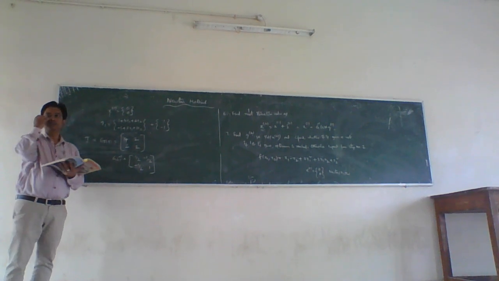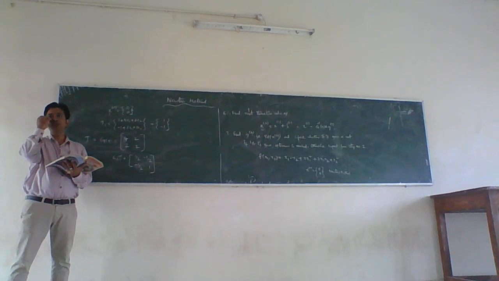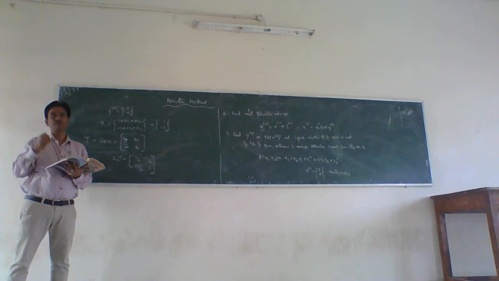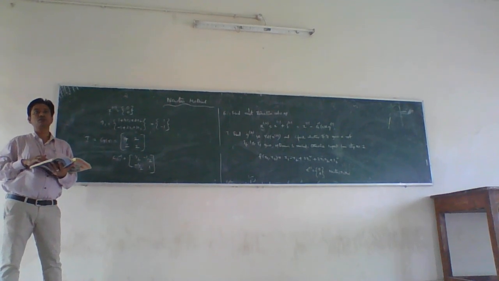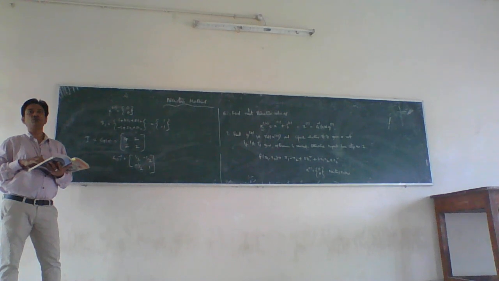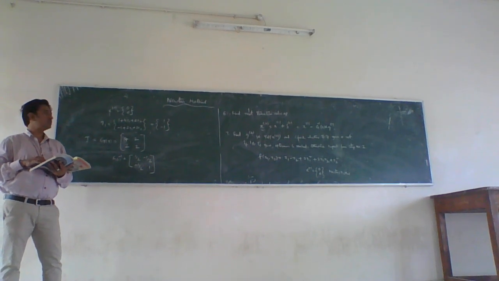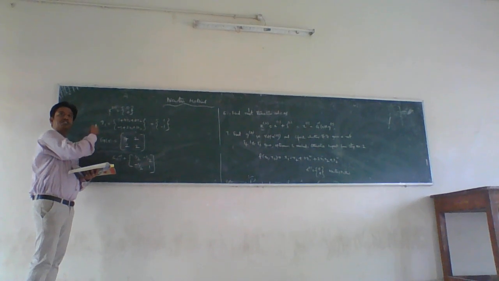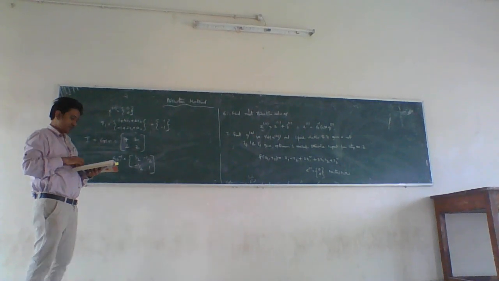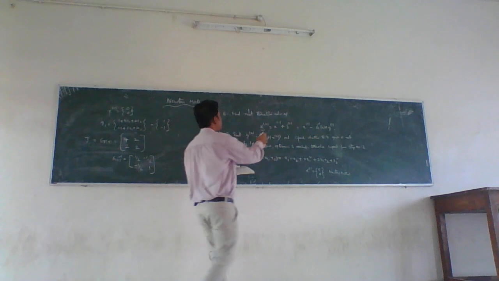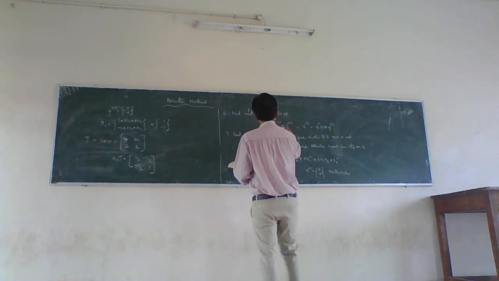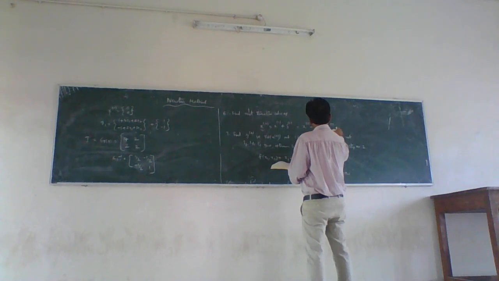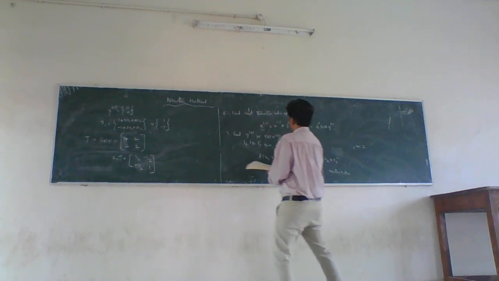The inverse of this matrix is 1 by AD minus BC into D, minus B, minus C, A. You know that. Switch it over and find the inverse of the G matrix, because we want G inverse. What is the formula for the next one? x2 is equal to x1 plus G inverse into small g. This is the formula now.